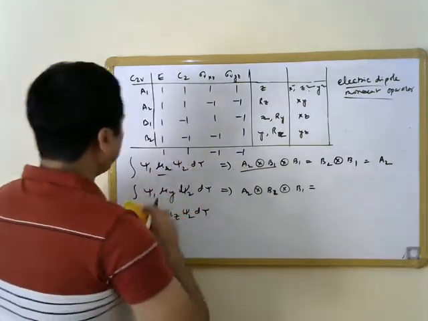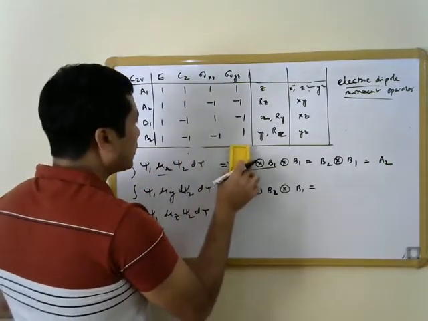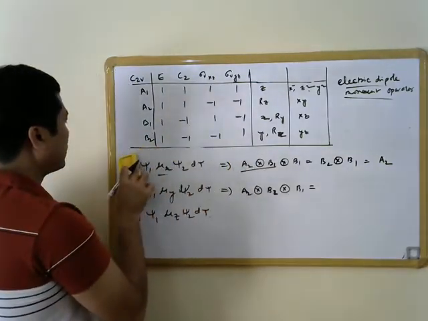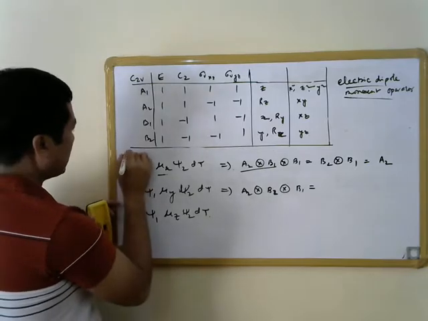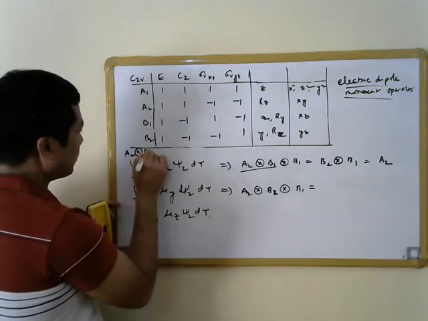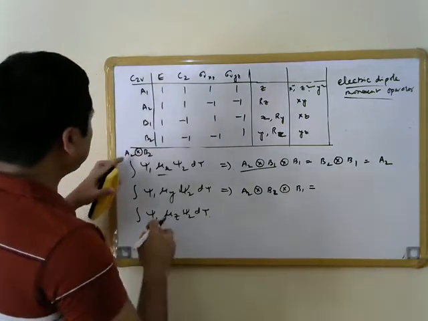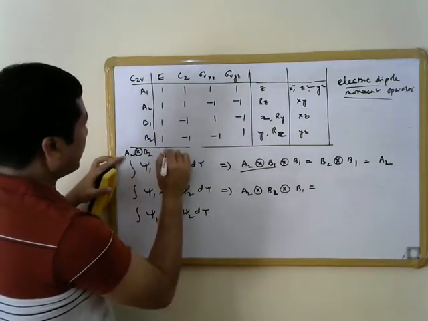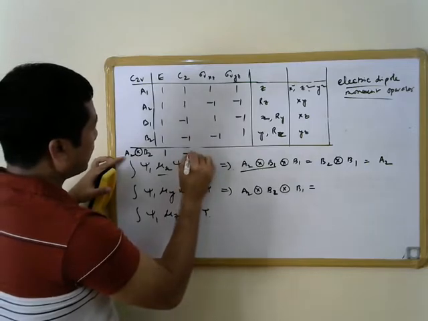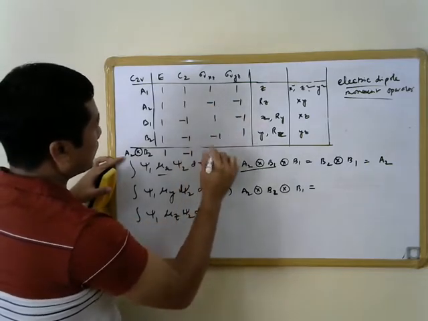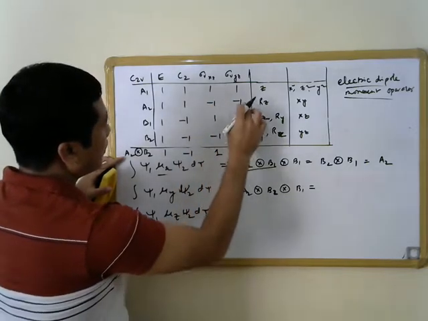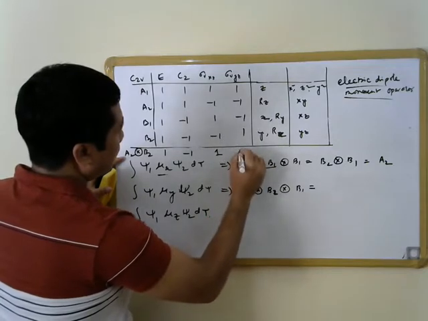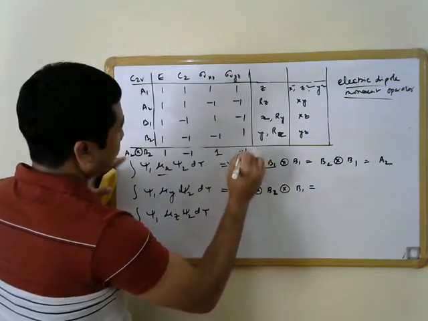So A2 into B2, we'll see what the result of A2 into B2 is: 1 into 1 is 1, 1 into minus 1 is minus 1, minus 1 into minus 1 is 1 for the last one, minus 1 into 1 is minus 1.